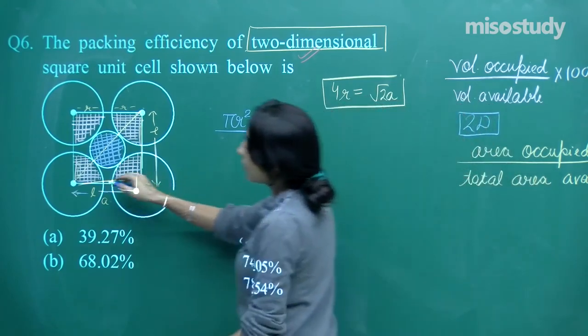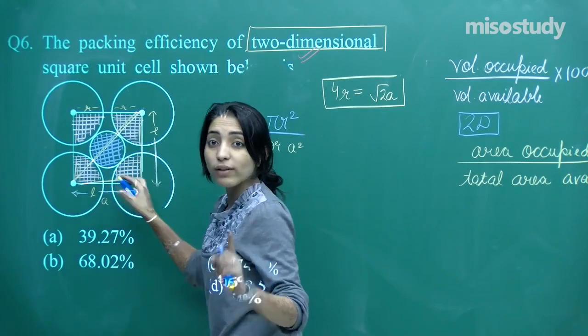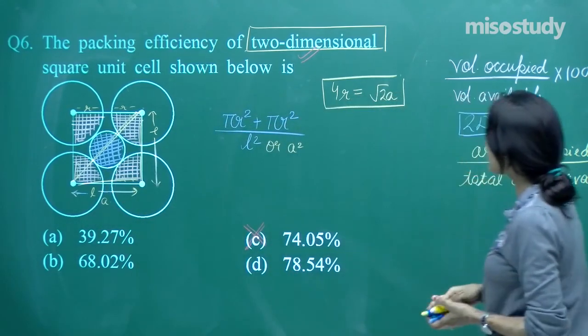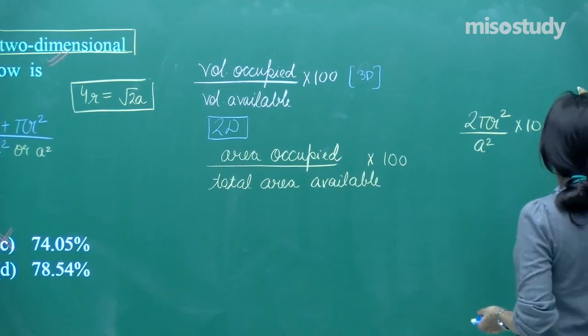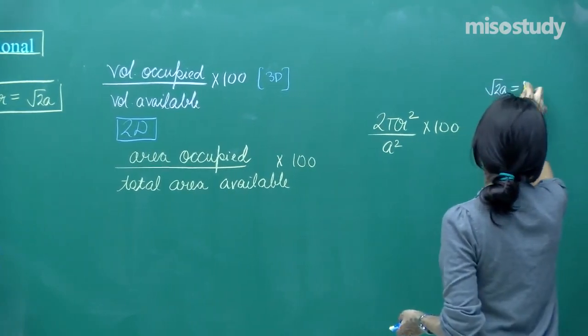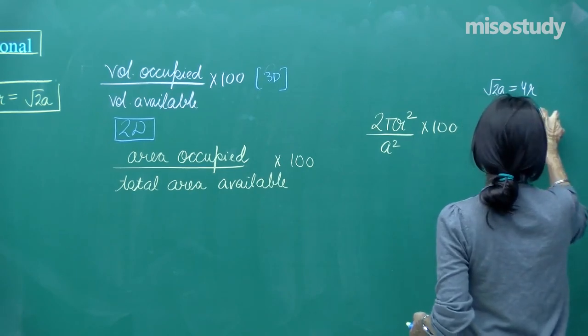So the length of the face diagonal is root 2 A. So root 2 A will be equal to 4R. So we have root 2 A equal to 4R, A is equal to 2 root 2 R.